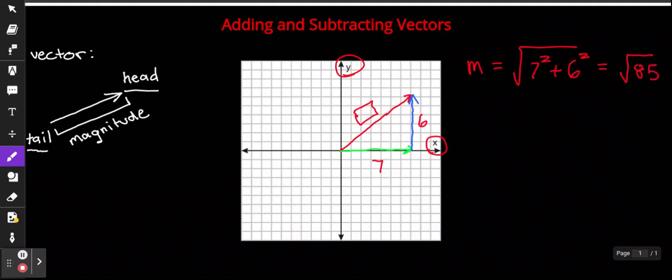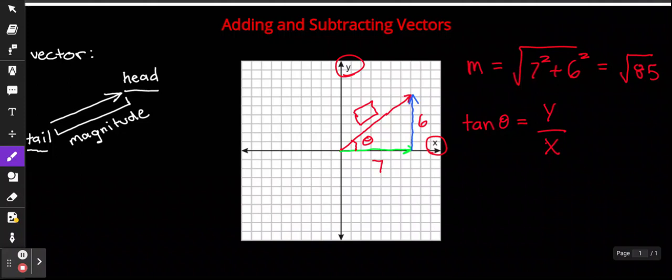So now, another helpful thing that is important in vectors is knowing the angle against the horizontal. And this angle I'm going to call theta. So in most cases, the components we have are the x and y. And we know that tangent of theta is equal to opposite, which is y, over adjacent, which in this case is our x component.